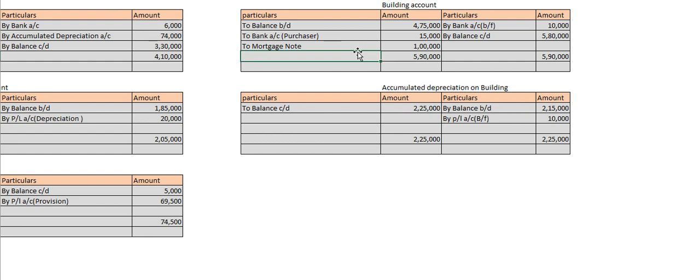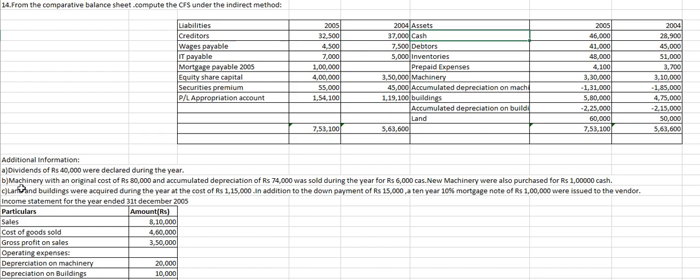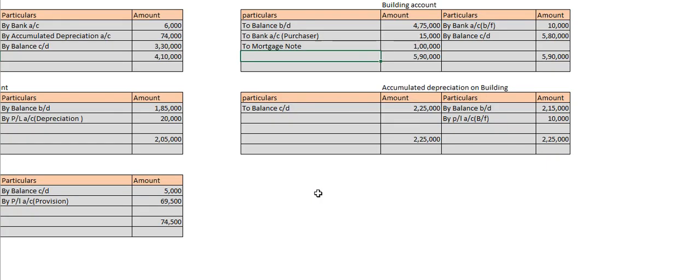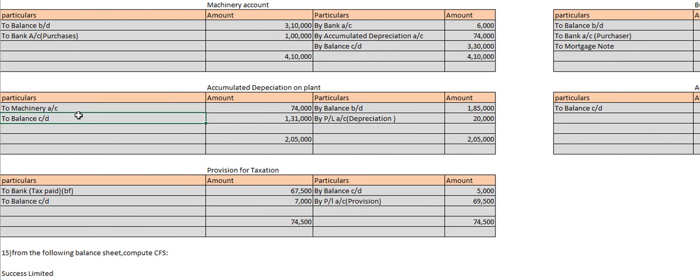And in the adjustment, they have given land and building were acquired during the year at a cost of 1,15,000, which was paid with the help of bank and mortgage loan. So to bank account 15,000, to mortgage loan account 1 lakh, and your balancing figure is 10,000. It is by bank account, which you consider to be sales in your cash flow statement.